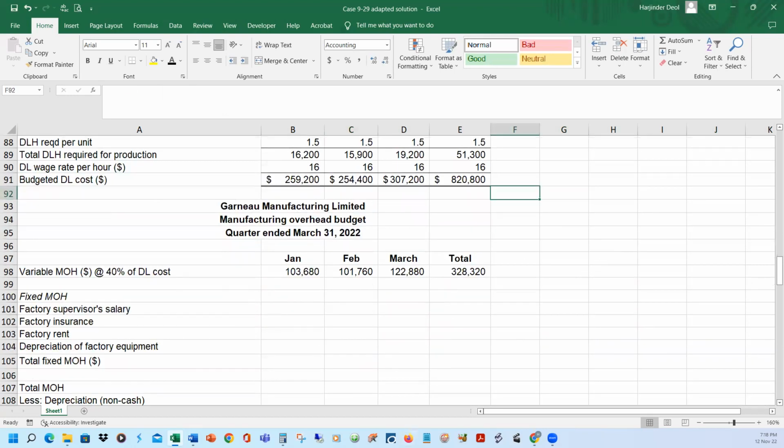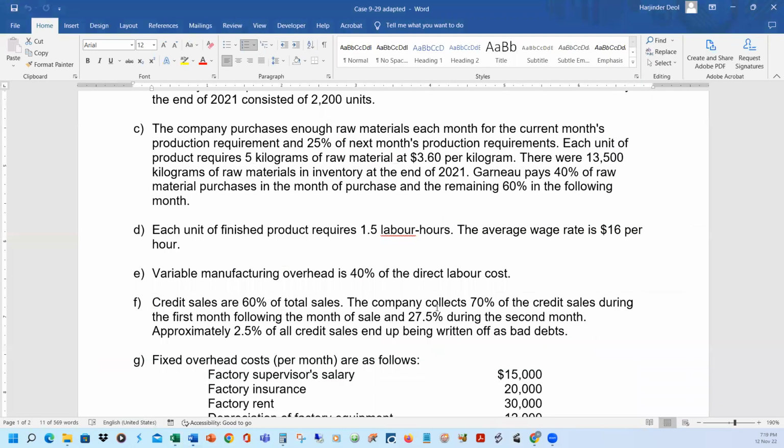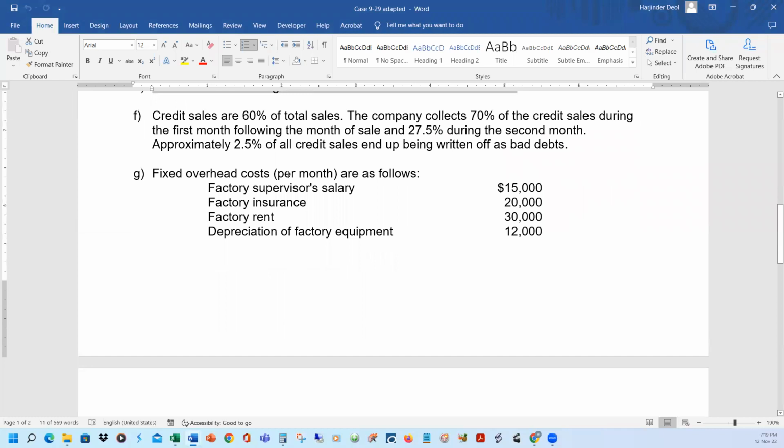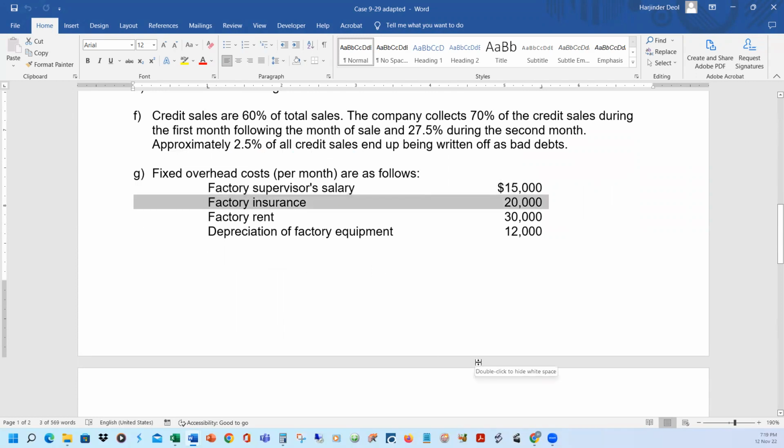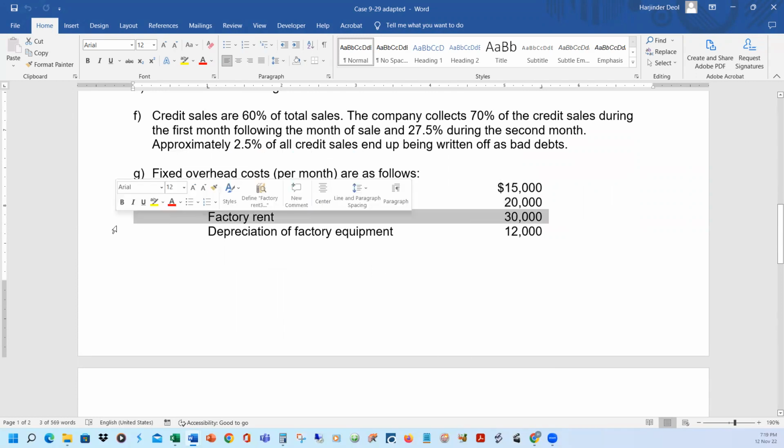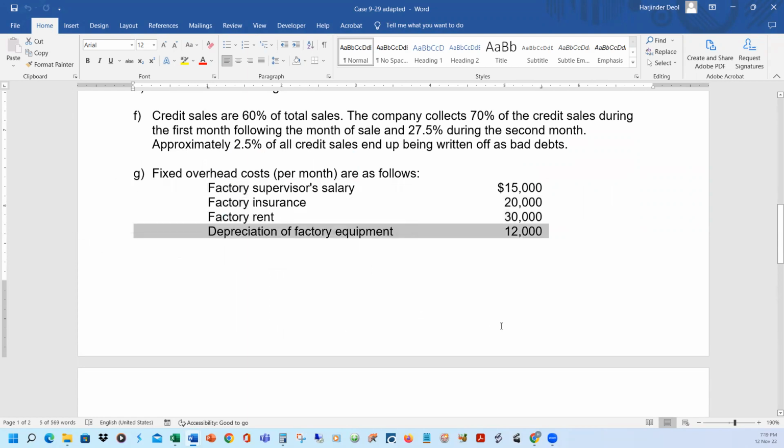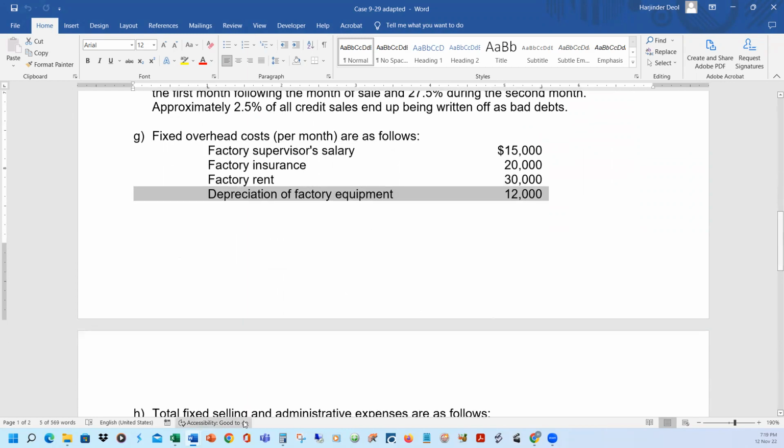Now for the fixed manufacturing overhead, the fixed overhead costs per month are as follows. We have the factory supervisor salary, $15,000 per month. Factory insurance is $20,000 per month. Factory rent is $30,000 per month. And the depreciation of factory equipment works out to $12,000 per month.